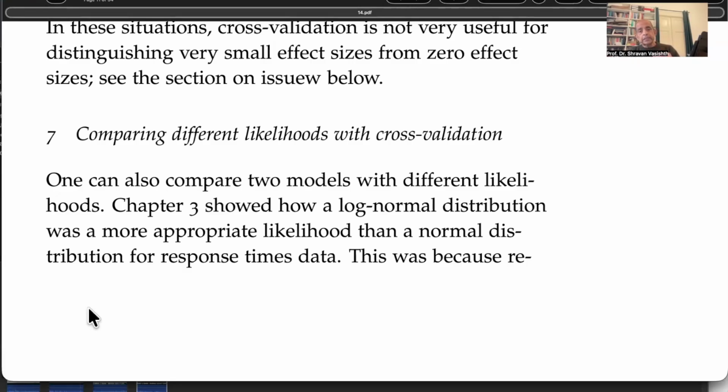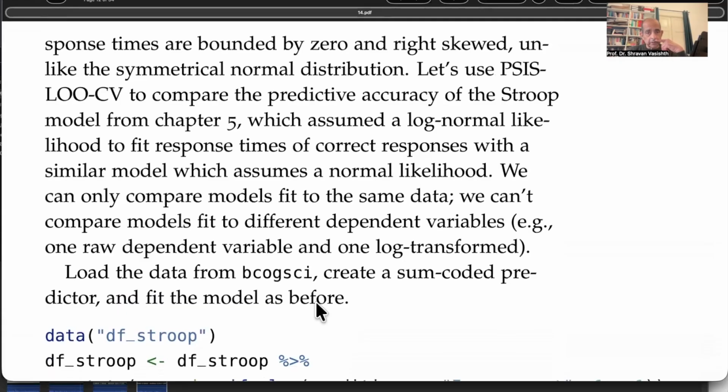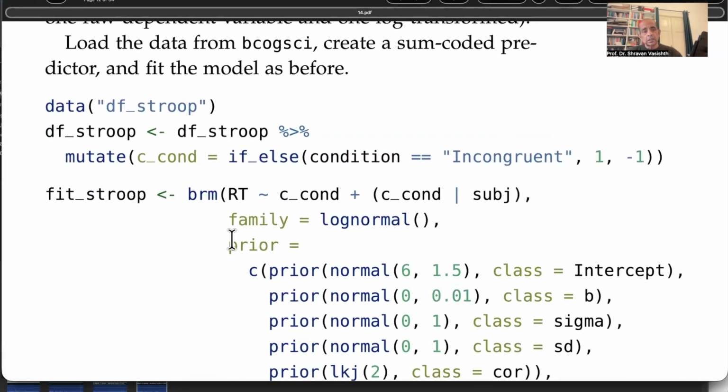So we can investigate this with cross validation as well. The important thing here is that if you're comparing different likelihoods, the dependent variable has to be the same, right? So luckily for us in this particular problem, we can do that because the dependent variable will always be reading time, both in the log normal and the Gaussian.